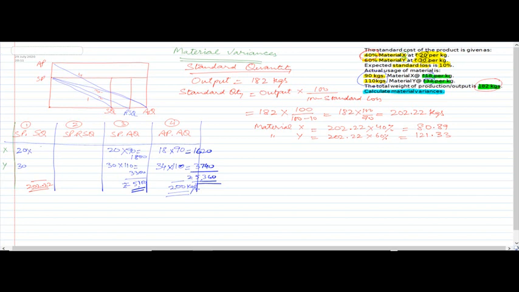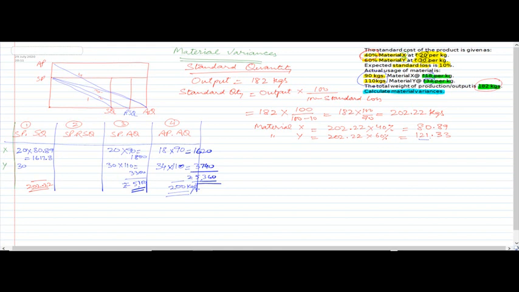So calculate the figures. 20 into 80.89, it comes to be 1617.8.